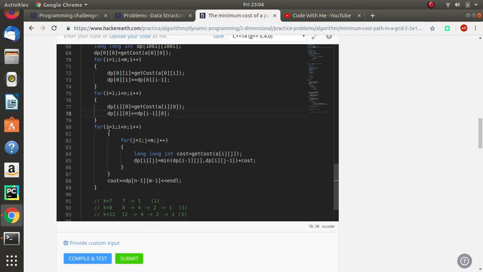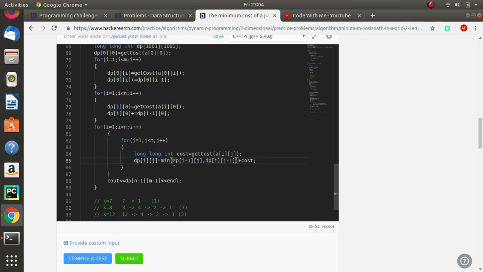Now we will go from i equal to 1 to n, j equal to 1 to m. We will get the cost of the current cell. After getting the current cost, we have to minimize the cost. So we will take the minimum of the top cell and left cell.